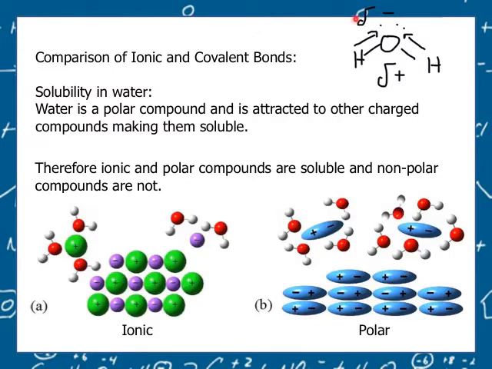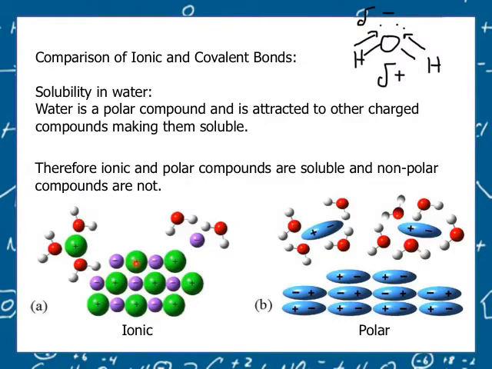Since it has a partial negative side and a partial positive side, meaning that it's polar, it's attracted to other charged compounds, which makes them soluble. The water molecules can carry them away, which results in them being dissolved. So ionic and polar compounds are soluble, whereas non-polar compounds are not. So here's an ionic compound.